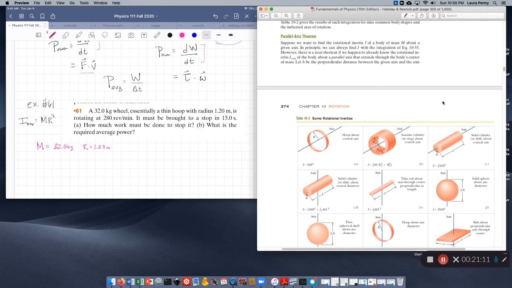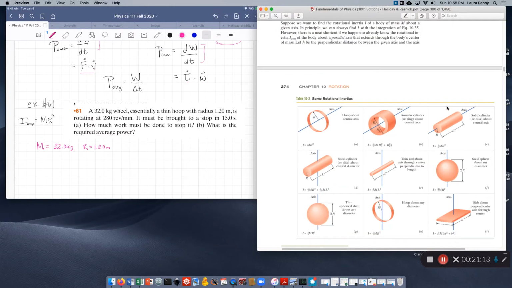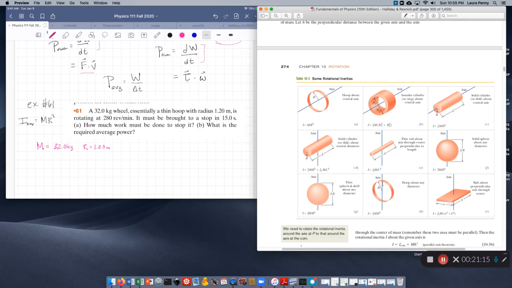Looking back at this, it's a little hoop. So this is the hoop, because we're going to spin it around this central axis, the axis that goes right through the middle, cutting through the diameter of the hoop. So we just want to use the moment of inertia mr squared.